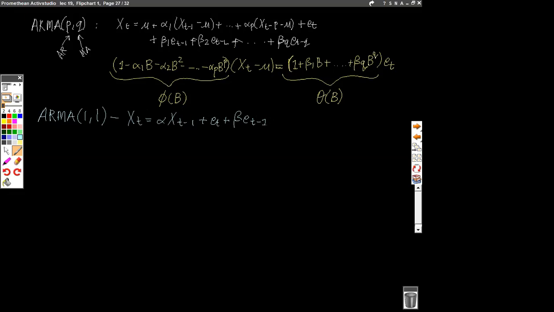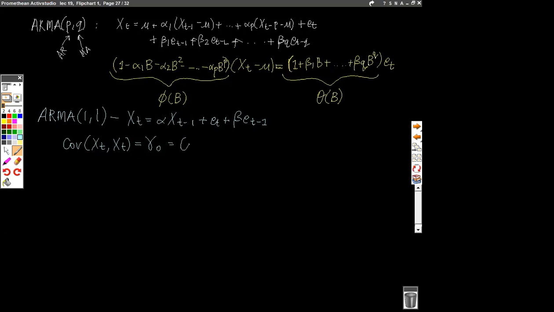So now I have to figure out the autocorrelation. And we know that before we figure out the autocorrelation, it's always easier to figure out the autocovariance. So let us try to do that. The very first thing we should do is figure out the covariance of xt with itself. And when we do that, we are looking at gamma 0, right?